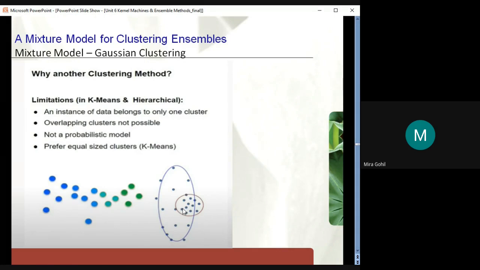Another thing is some hard clustering algorithms prefer equal size clusters, just like k-means. So in k-means we are always trying to get equal size clusters where the same number of data points are there. Okay, so now here you can see this. Suppose I am having this type of data. Okay, so I just plotted the data, but with two categories, let's say.